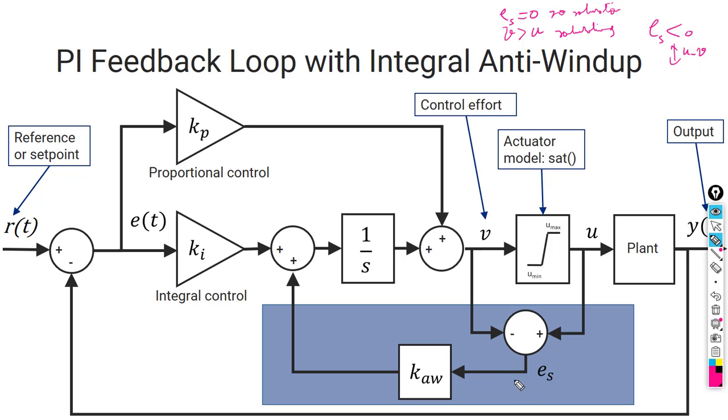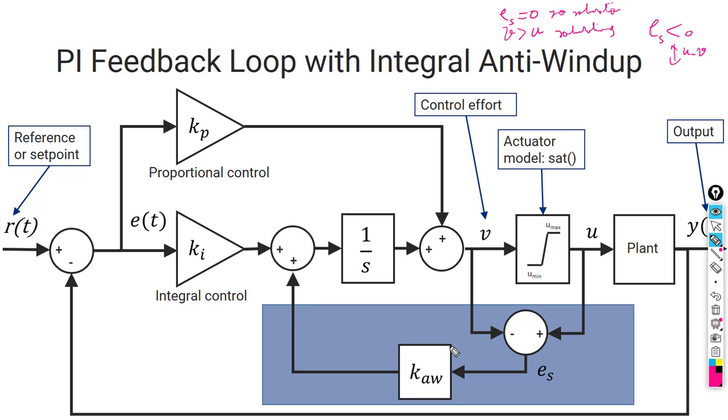So I multiply this error, in case I'm saturating, and do some feedback, multiplying the error by a proportional constant that adjusts the behavior of my integral term.